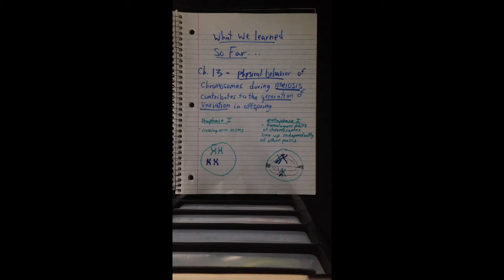First, we need to go back to review what we already know to understand how this works. In Chapter 13, the physical behavior of chromosomes during meiosis contributes to the generation of variation in offspring.